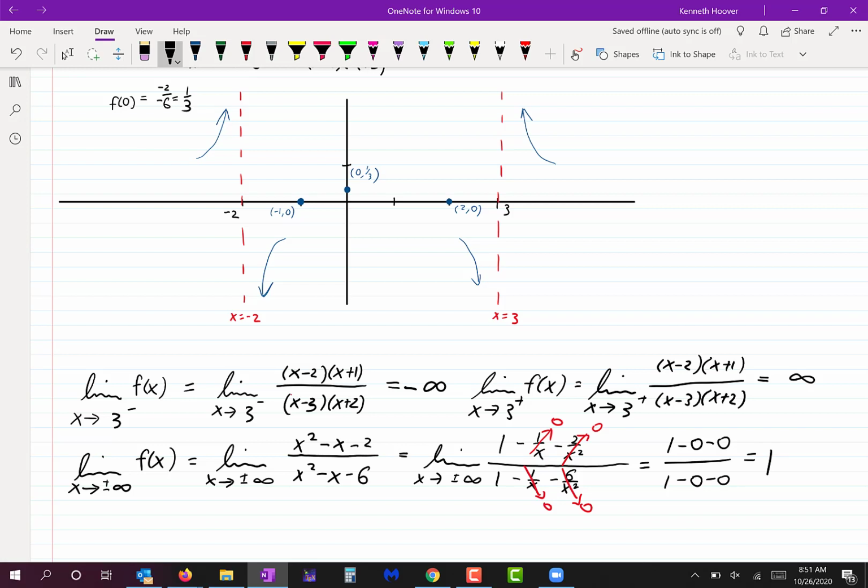So there is a horizontal asymptote at the line y equals 1. Okay?